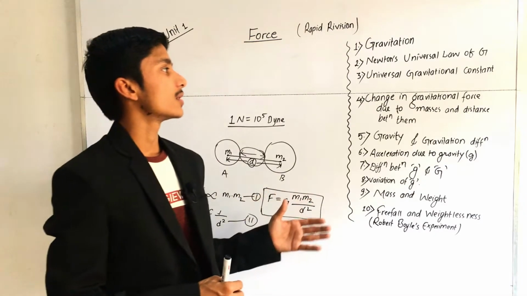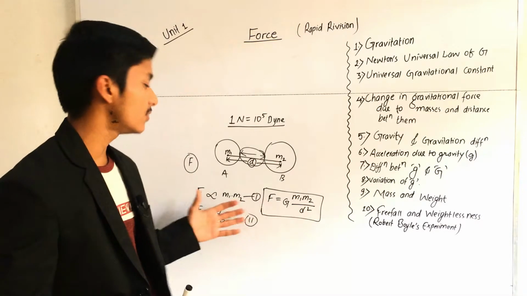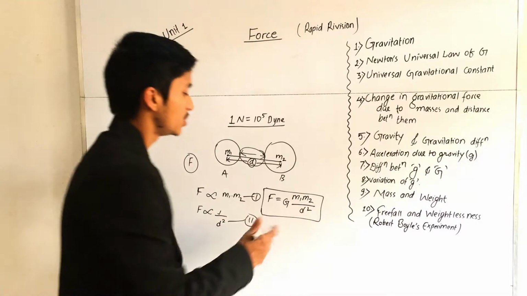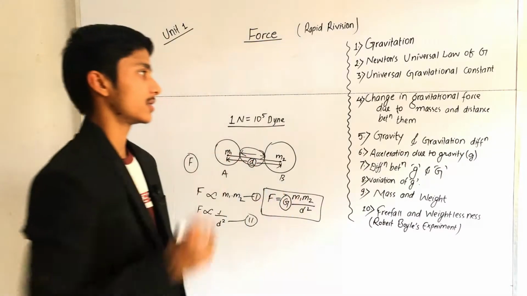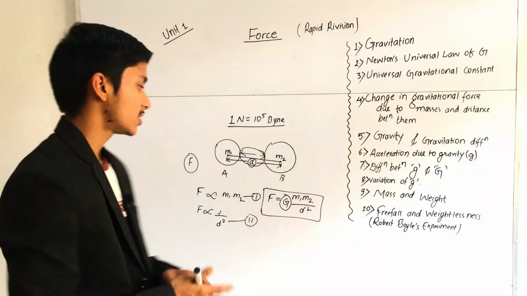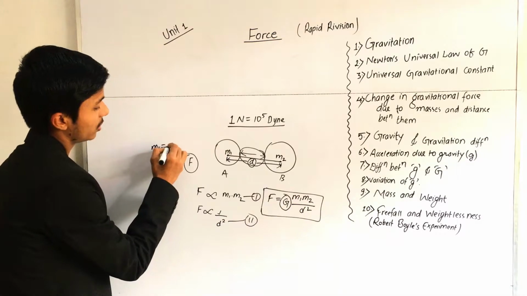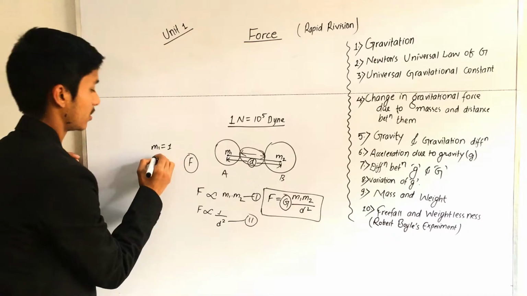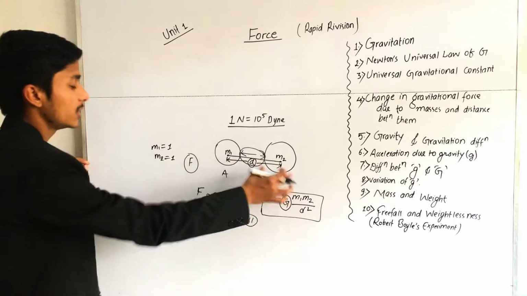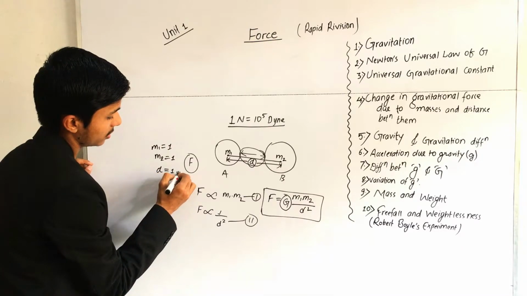Now we go to our next topic, that is universal gravitational constant. Here G is the universal gravitational constant. It means what? Suppose m1 is equal to 1, m2 is equal to 1, and the distance between these two bodies is equal to 1 unit.